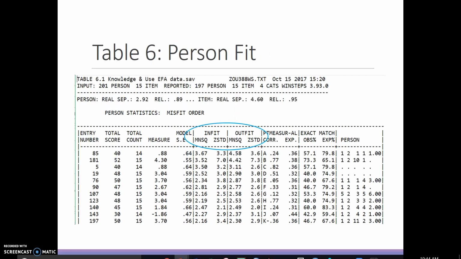You can go back, right here, the entry number all the way over here: person 85, person 181, person 5. Those would be the 3 that you would want to delete, at least starting at fits over 3.